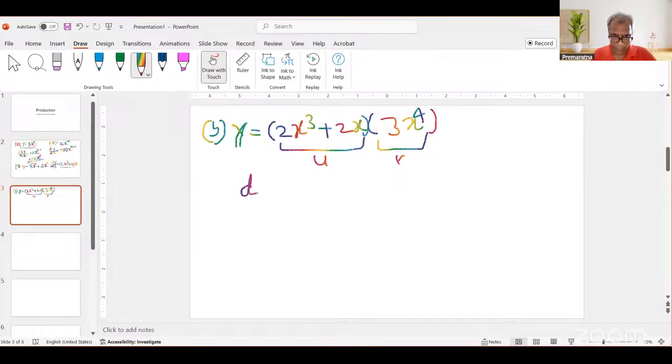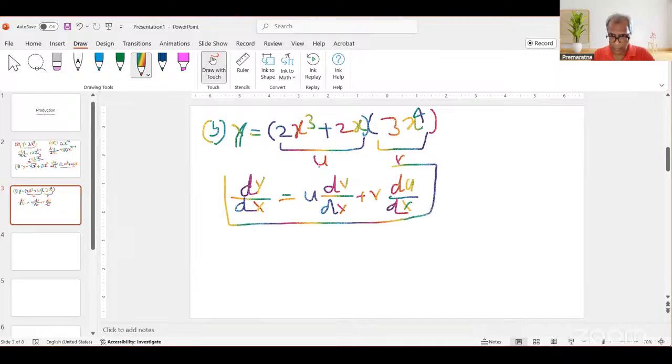Let's say I want to differentiate y with respect to x. u stays as it is and we differentiate v with respect to x, plus v times the differentiation of u with respect to x. This is the general rule that applies.